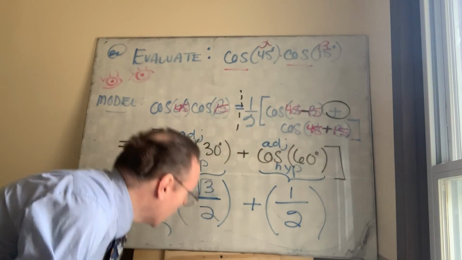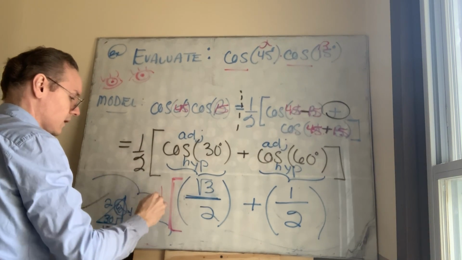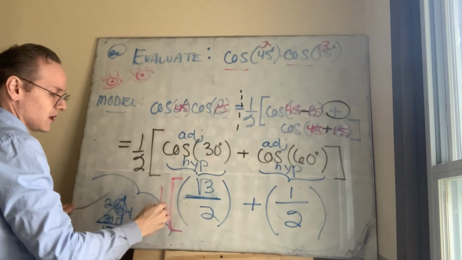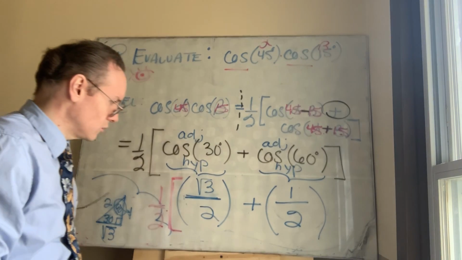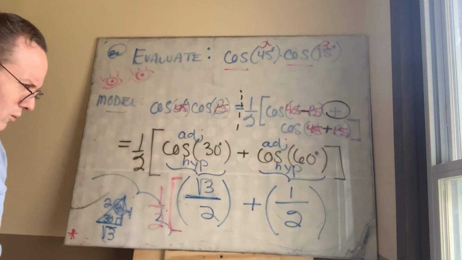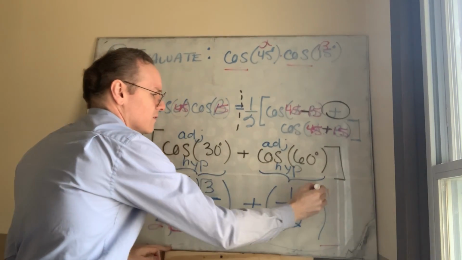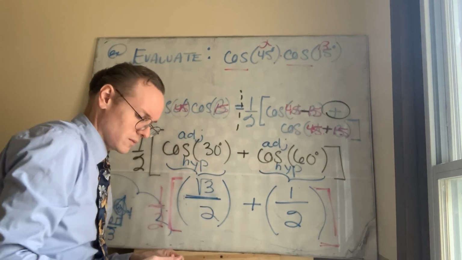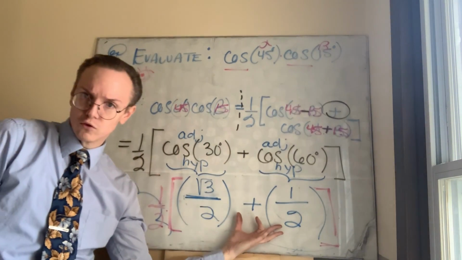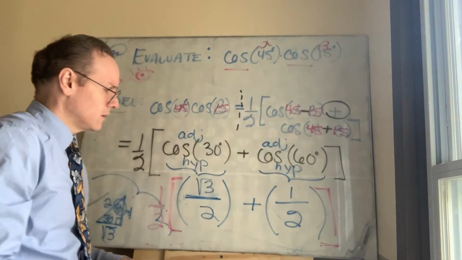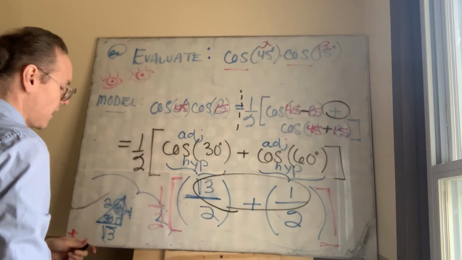But now, remind yourself that there's still this half sitting outside here. Could you distribute these two? Would it be to your advantage to do that? It wouldn't hurt either way, it would seem. Technically, if this is inside of a parentheses, I gotta throw that away. You would combine these into one fraction, since they have a common denominator.